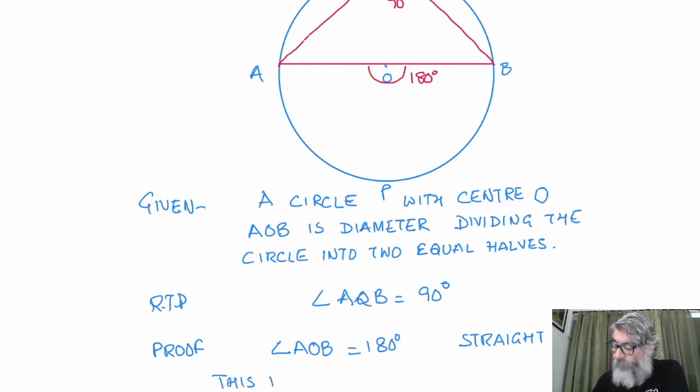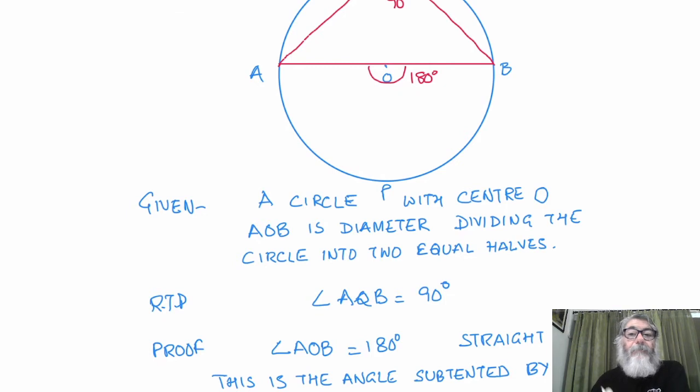This is the angle subtended by arc APB at the center.